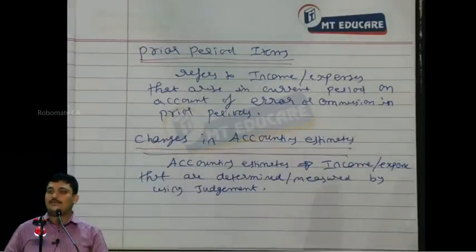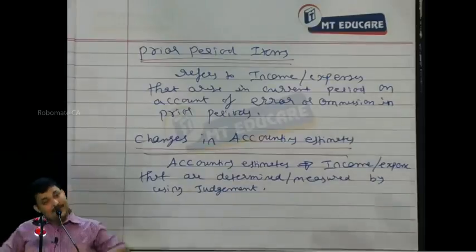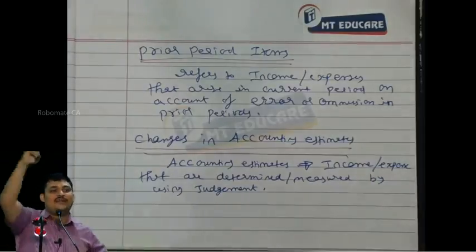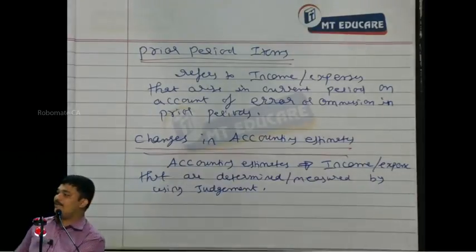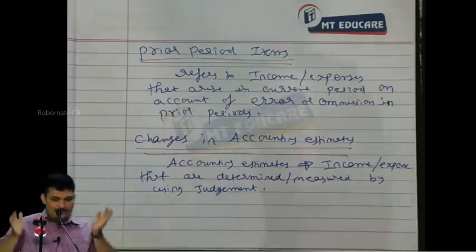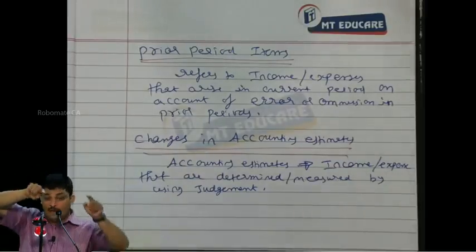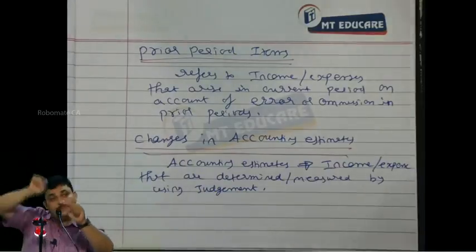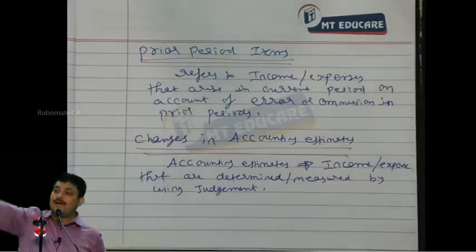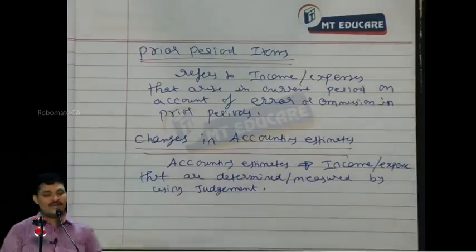Now we are not discussing the presentation of accounting estimate. We are discussing whether accounting estimate will come under ordinary or extraordinary. Now we are discussing changes in accounting estimate. In this year we estimated the bad debts will come to 5,000, that is, out of this data expected to be collected, some 5,000 will become bad in the next year. But the loss is relating to the current year, because revenue was booked in the current year.